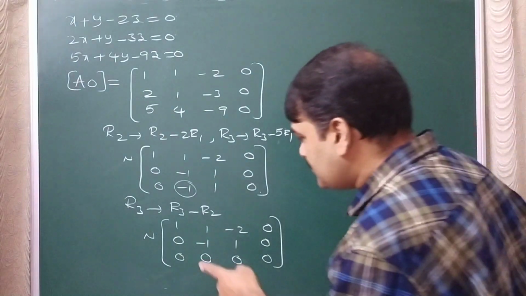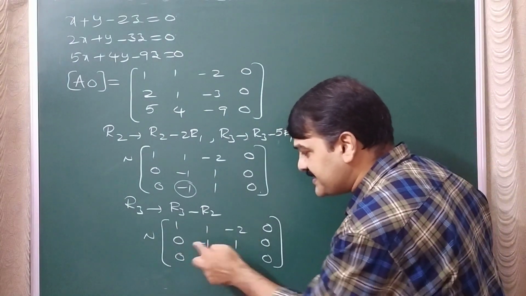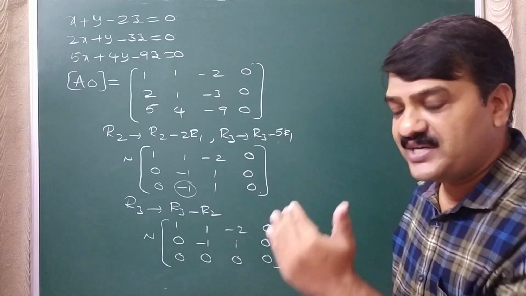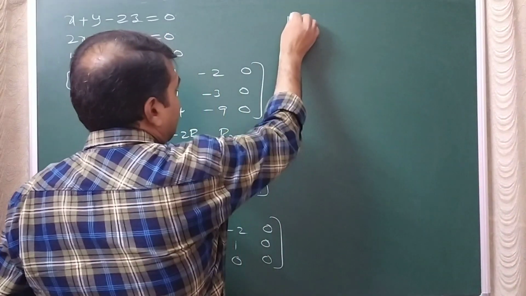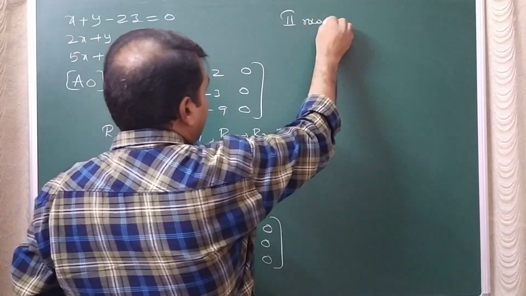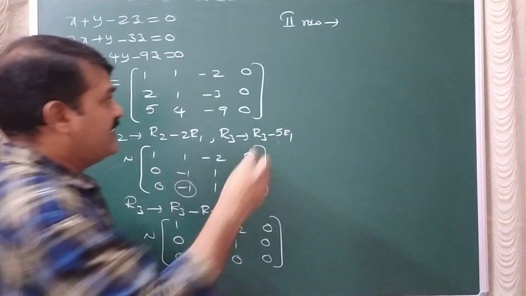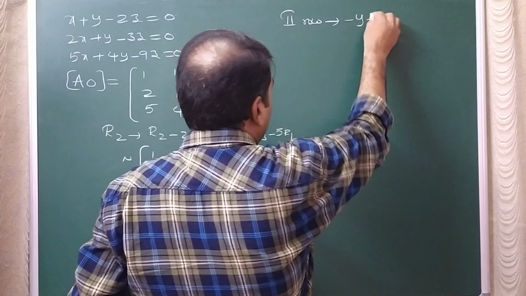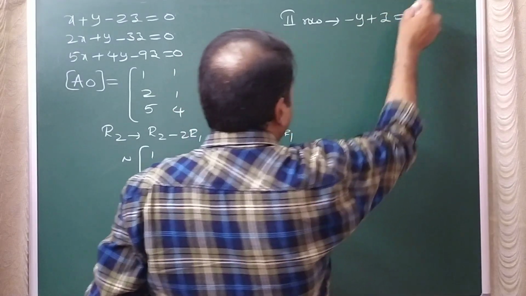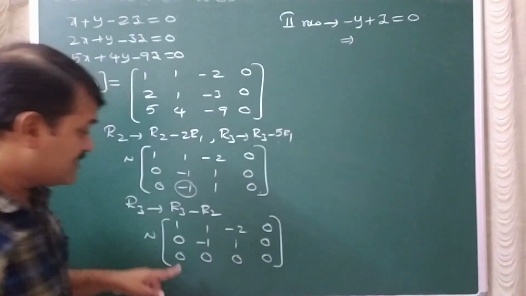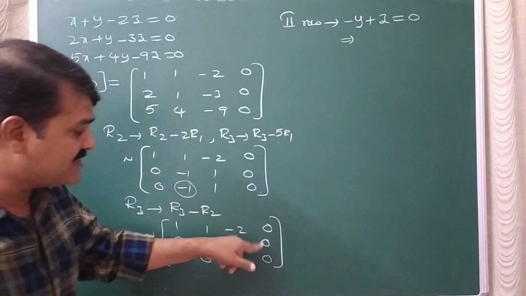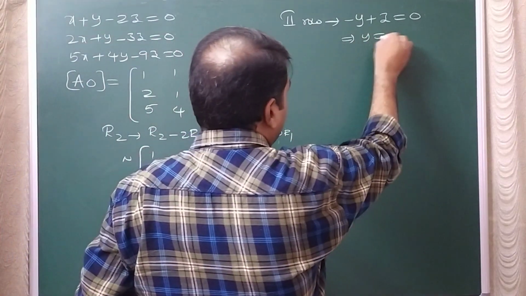Okay. So try to write the equivalent set of equations from the first row and second row. From the second row, the equivalent equation will be 0 into x minus 1 into y plus z is equal to 0. That is, minus y plus z is equal to 0. That means y is equal to z.